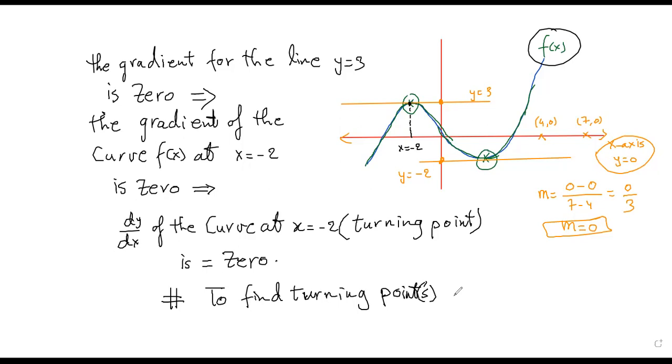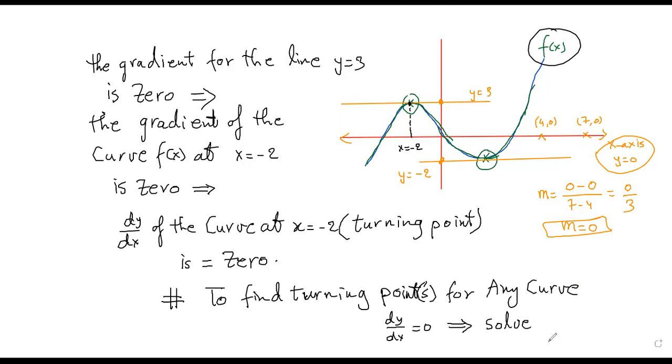To find the turning points for any curve, what we used to do is differentiate the curve and put it equal to 0, make an equation and solve it. In this case, we will find the turning points.